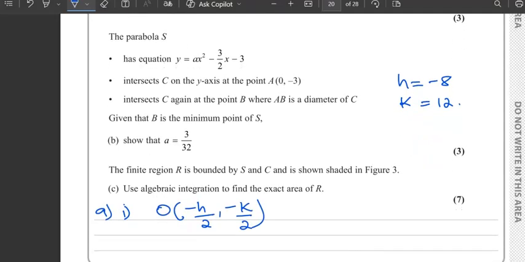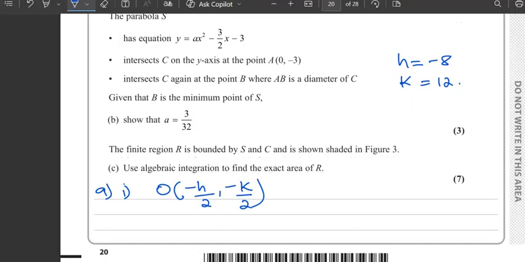Now, substituting the values of h and k in the formula, we'll have the coordinates as O, negative of negative 8, of course we have a negative in h, so this will be positive 8 over 2, comma, negative 12 over 2. Simplifying this, 8 divided by 2 gives you 4.